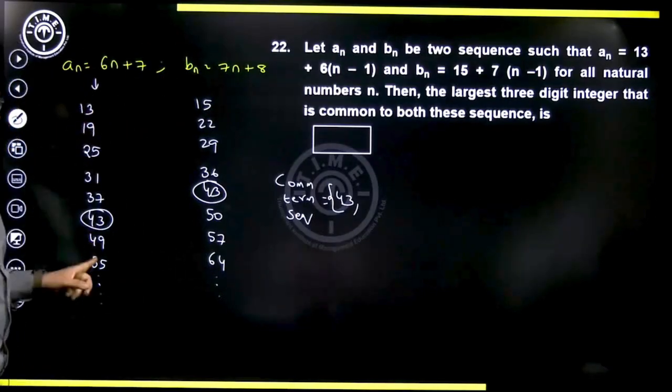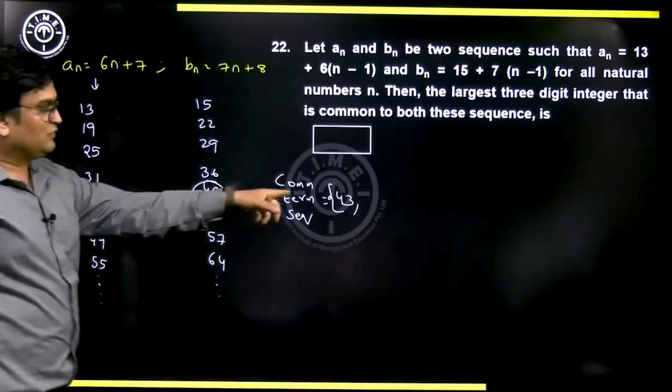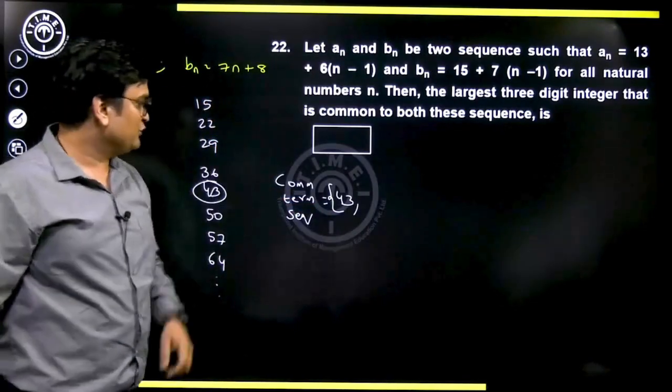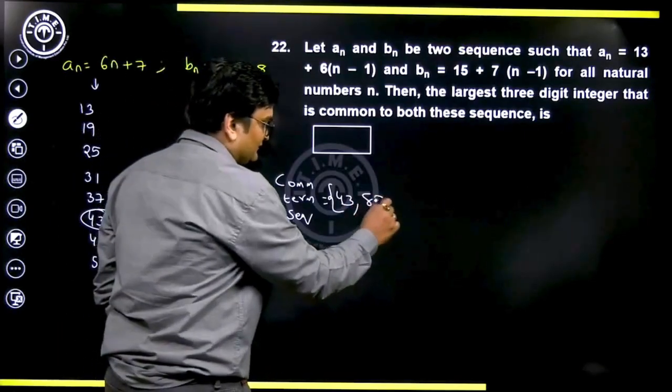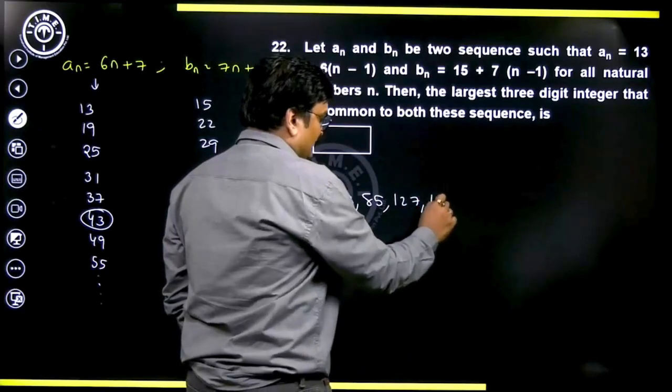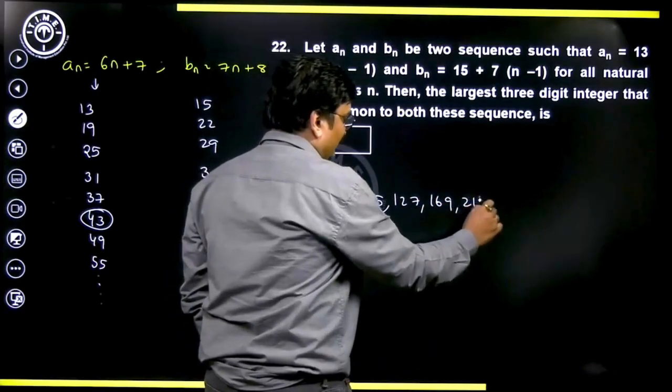The common difference here is 6, here it is 7. So the common difference for this common term sequence will be LCM of 6 and 7, which is 42. Thus the next term will be 85. The term after this will be 42 more, 127, 169, 211 and so on.